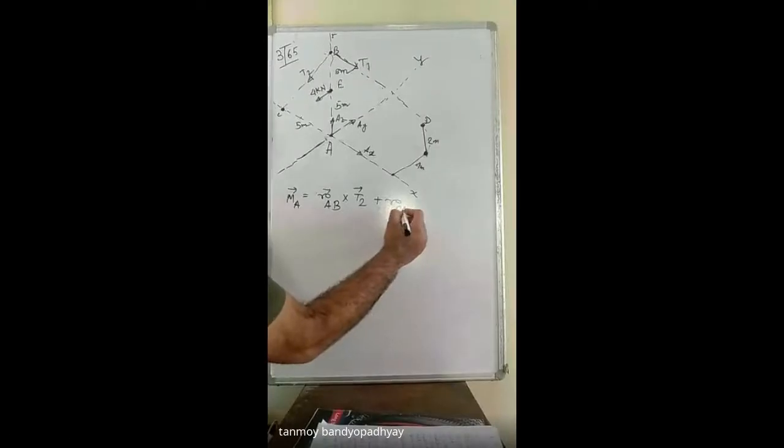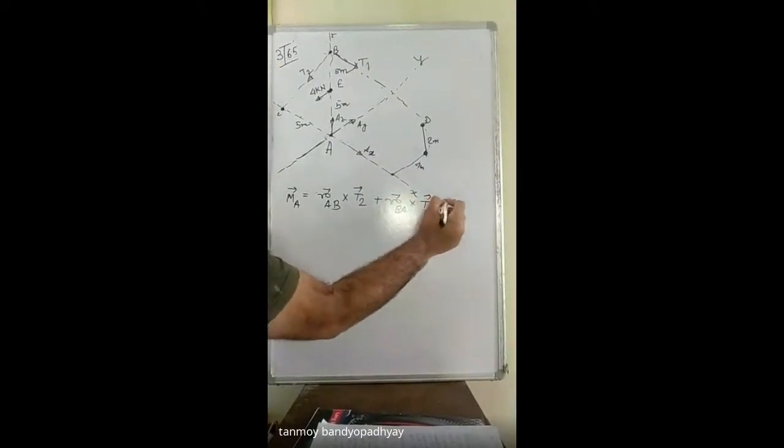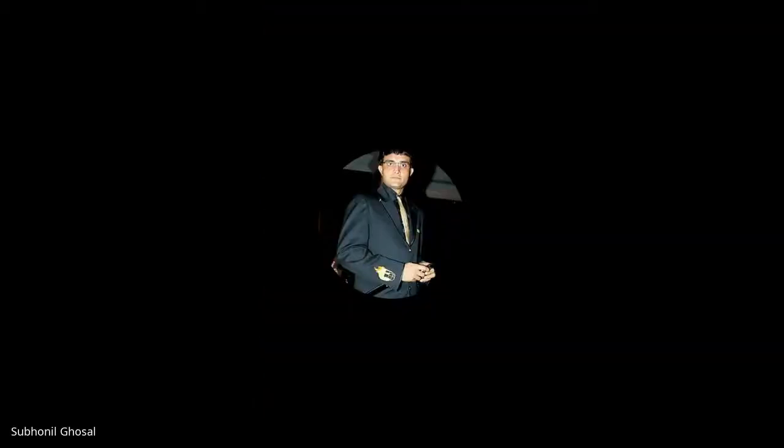So R A dot T1 vector, so that is equal to 0. ठीक है सर, हेलो, Yes, sir.